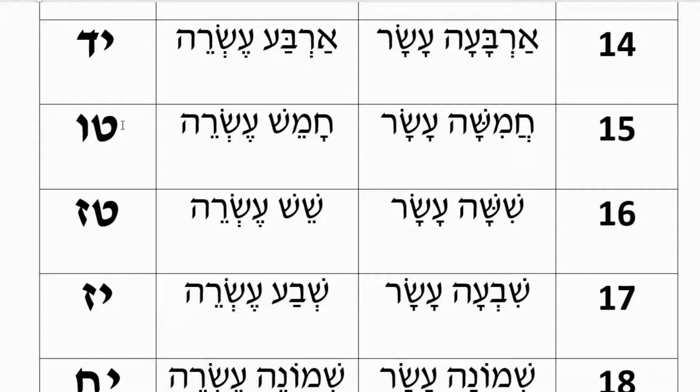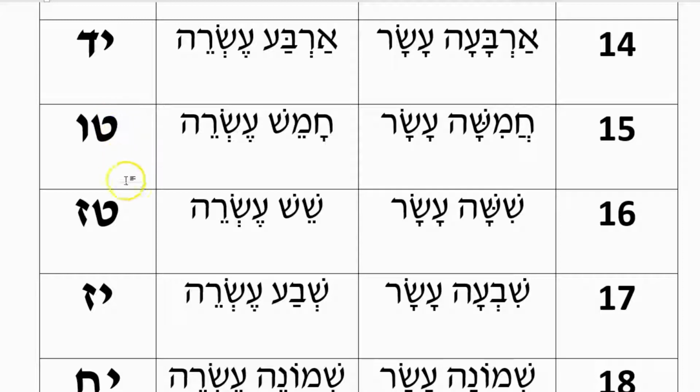Therefore, we alter our normal numbering system, and instead of writing Yud and Hey, 10 and 5, we write Tet and Vav. 9 and 6. Just like Yud and Hey, 10 and 5 equals 15, so too Tet Vav equals 15.